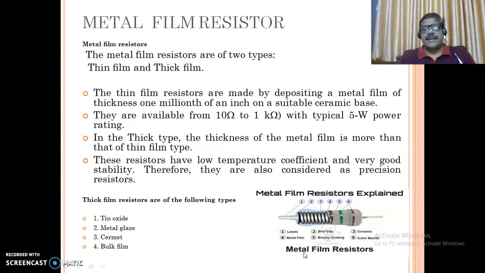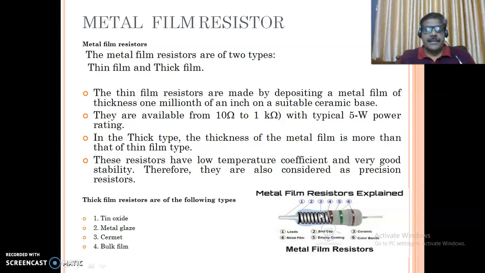Here you can see the construction details of a metal film resistor. The first one is leads. On either end you can see 2 leads, and end caps at the 2 edges. And ceramic. Then metal film.